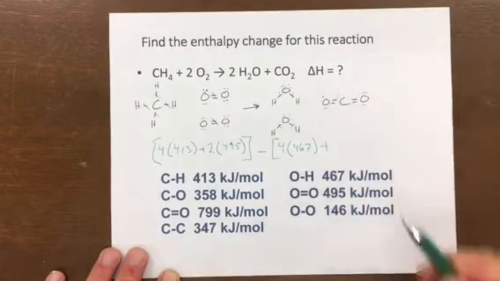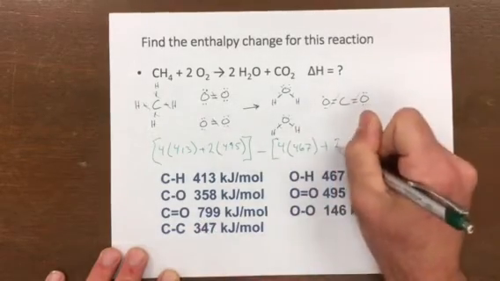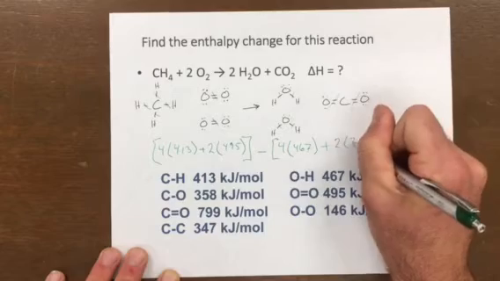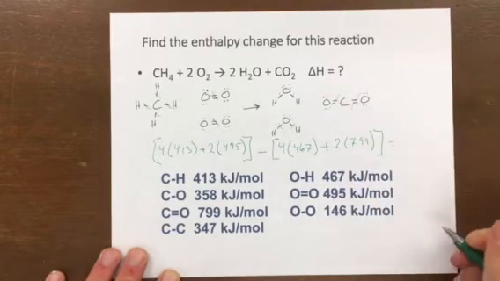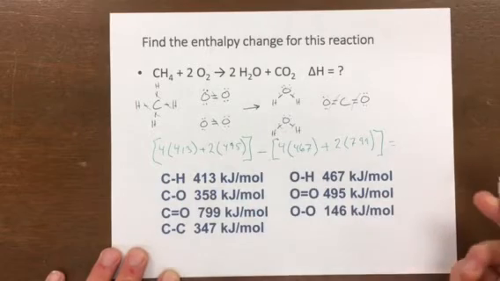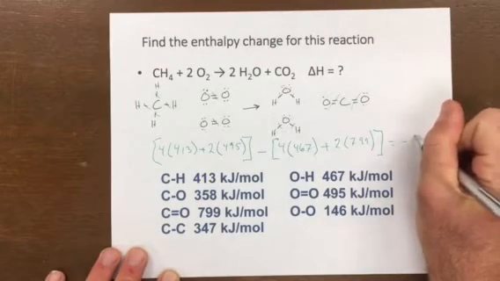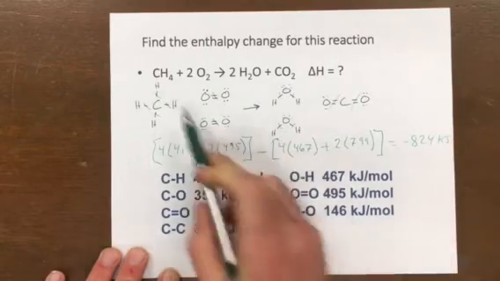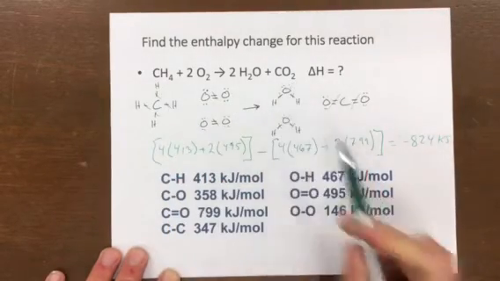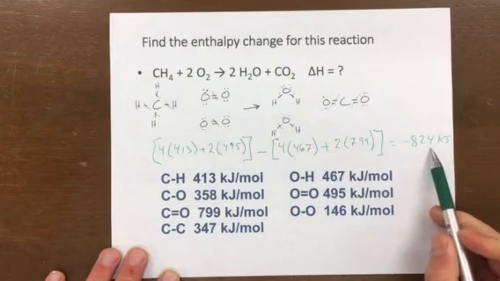We have 1, 2 of those. So that's 2 times 799. And then we take the difference there and you get negative 824 kilojoules. So the enthalpy change for this reaction is negative 824 kilojoules.